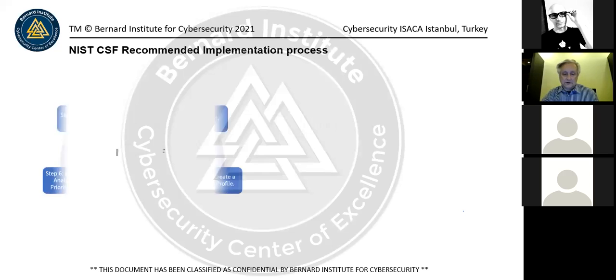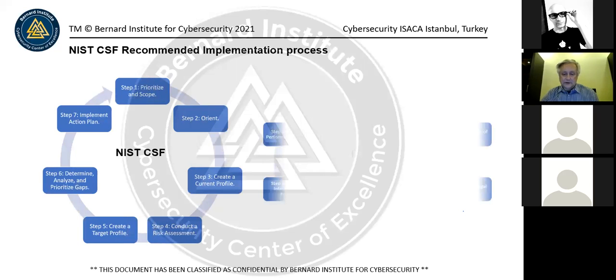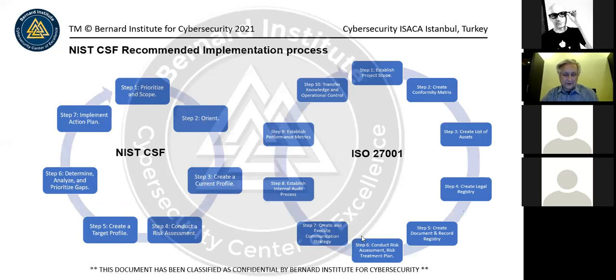So audit considerations, the implementation process. NIST recommends this process here: prioritize, orient, create a profile. We talked about the tiers that require those 3 considerations. So you need to have a risk management process. It needs to be integrated, and you need to be able to share intelligence.